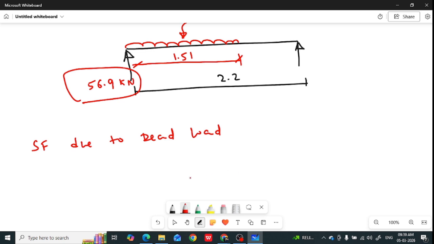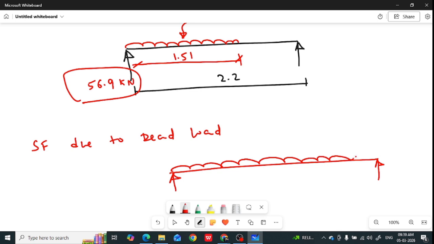In the previous class we have calculated the dead load, and the dead load is uniformly distributed over the entire panel. Whenever you are considering the dead load, you don't have to consider the impact factor. Impact factor is associated with the live load. The intensity of the dead load is 8.01 kilonewton per meter square.